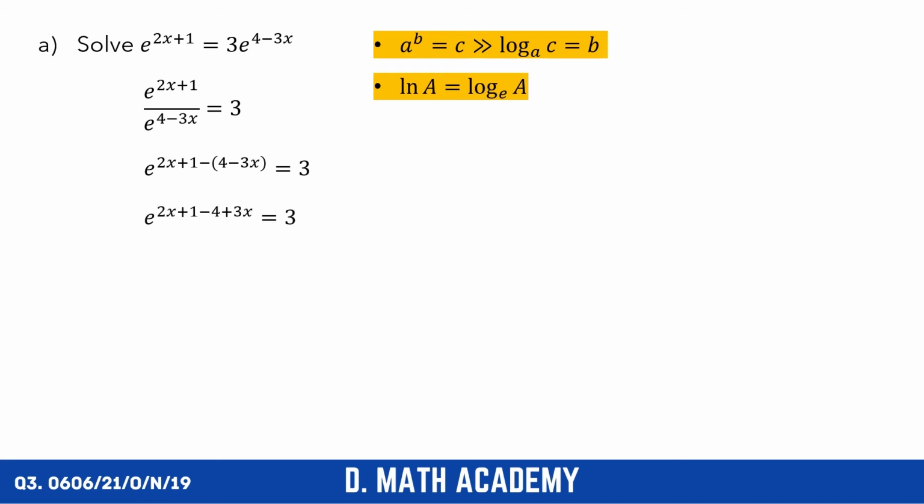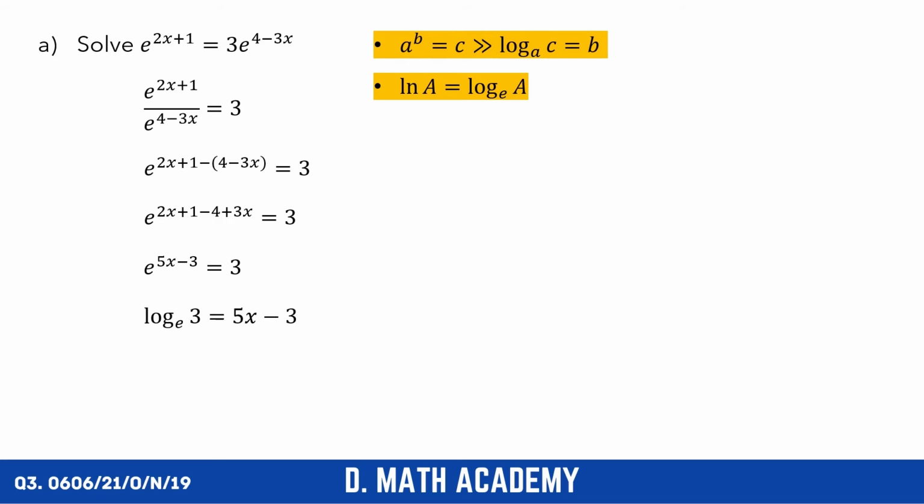Through this calculation, we will get our e as 5x minus 3. And I apply the logarithm here. Log with a base of e, the result of 3 will be equal to 5x minus 3.